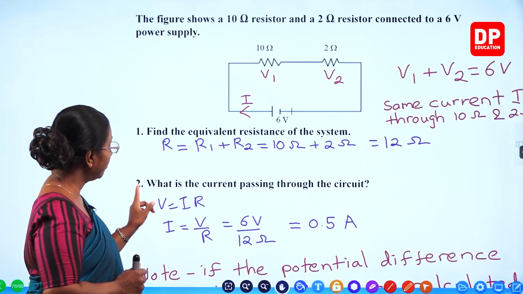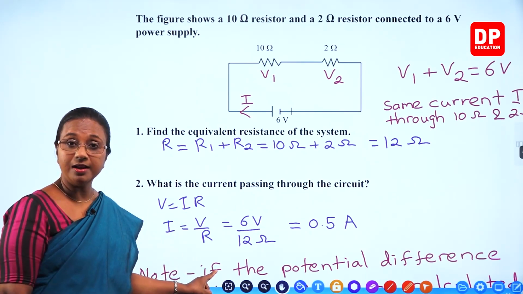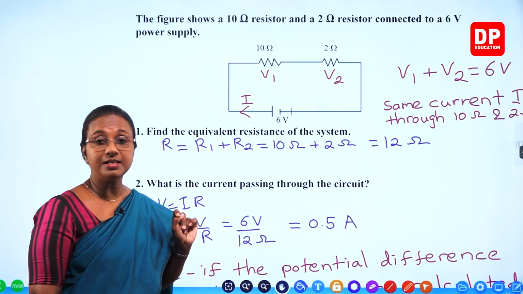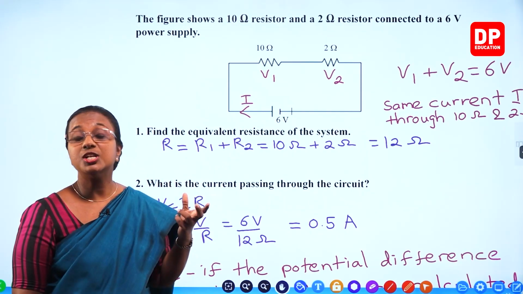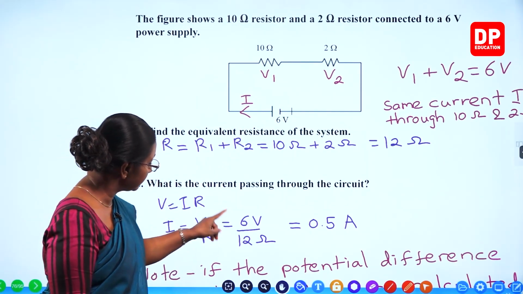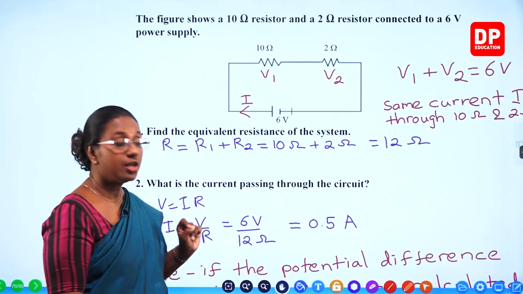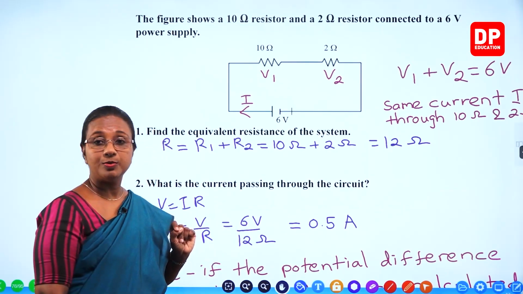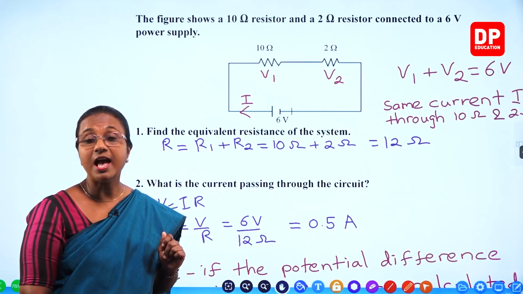So you use the equation V equals IR, I is equal to V over R. V is the potential difference across the circuit. That is both the resistors together or the potential difference of the power supply, 6 volts. And the equivalent resistance is 12 ohms. So 6 volt divided by 12 ohms, you get the current as 0.5 amperes.